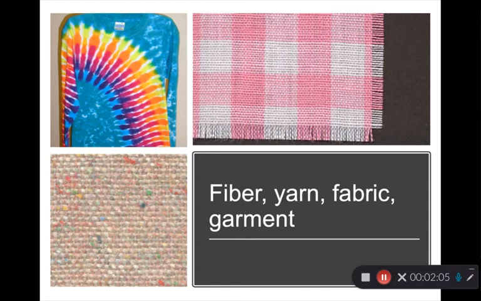So that's a decision that's made really early on in the process. There's also another fiber decision, which would be solution dyeing. We talked about putting color in the dope of manufactured fibers. Well, that's a really early decision you would make on color as the fibers themselves were being manufactured.